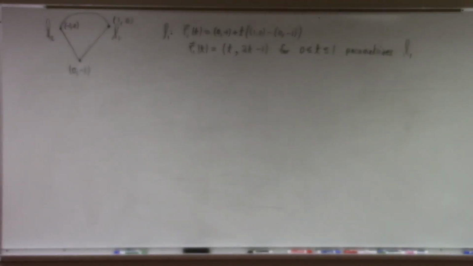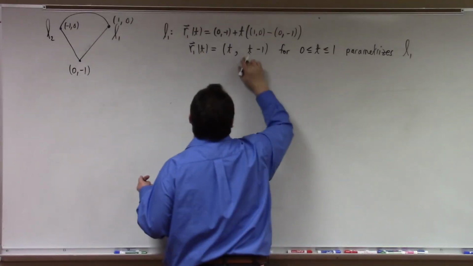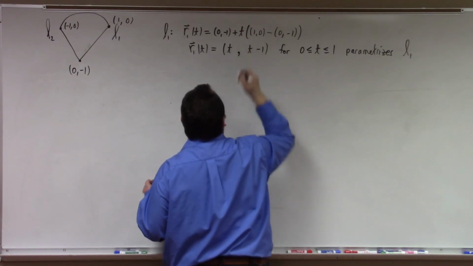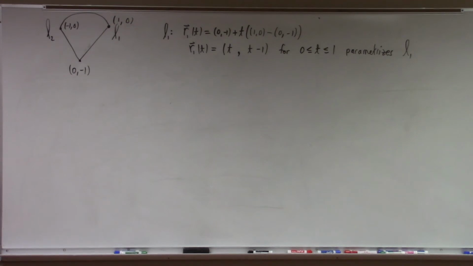Uh-oh. Oopsie daisies. I think I have a problem. That should not be a 2. I sold you guys a bill of goods. I don't know why we say that. What does that even mean, bill of goods? Anyway, here we go. t. So there's the parameterization of that line segment.